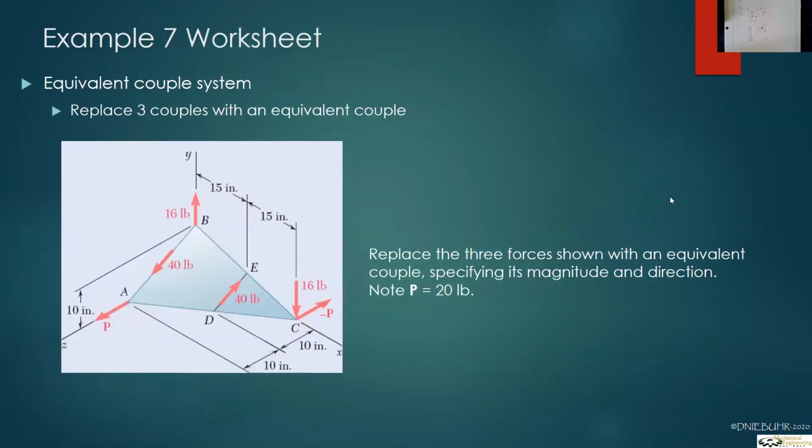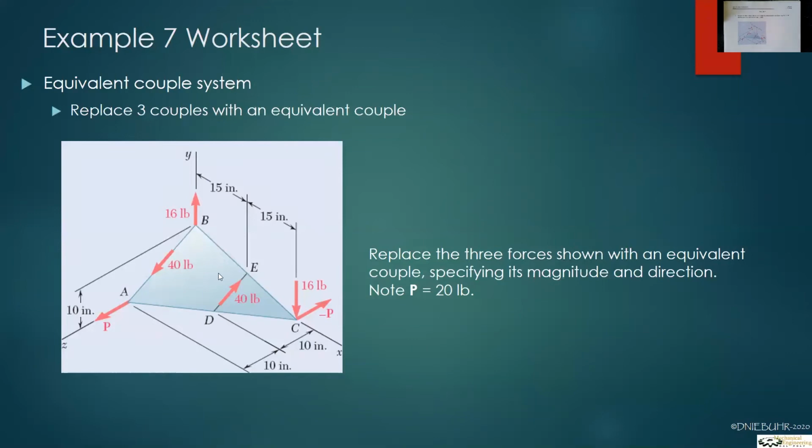All right, so let's look at this example. Now this example is a little different. Remember, we've been talking about equivalent force couple systems, but you'll notice that in this example, all we have are couples. We have P and minus P. We have the 240 pounds at an incline, and we have the 16 pounds up and down.